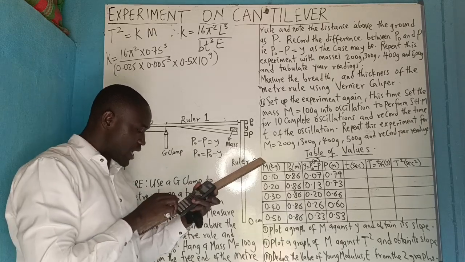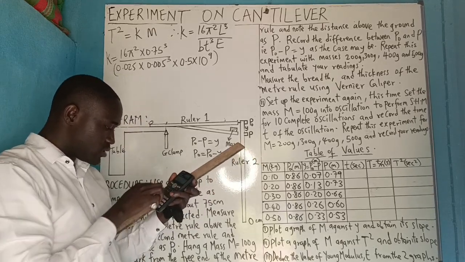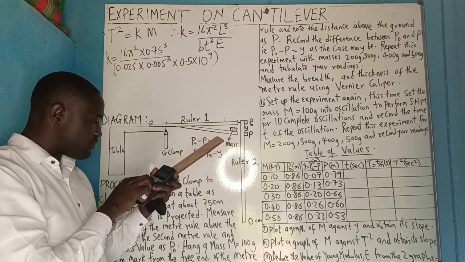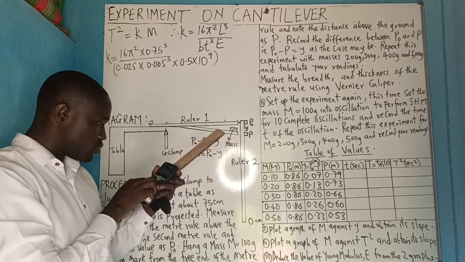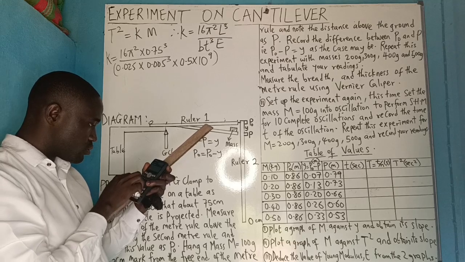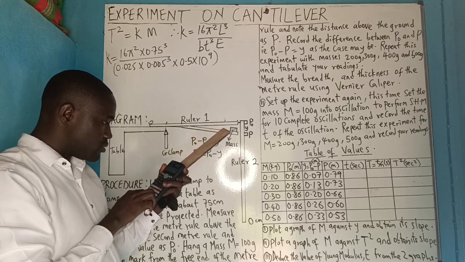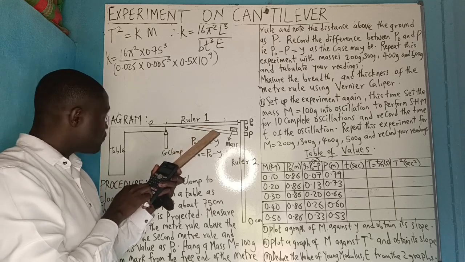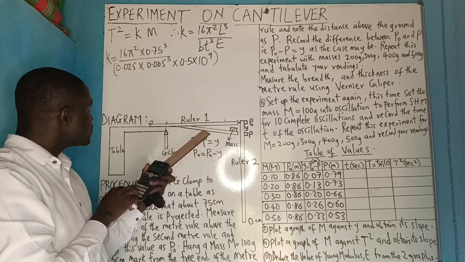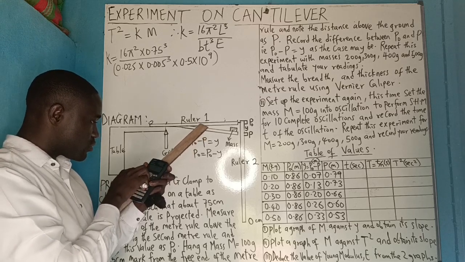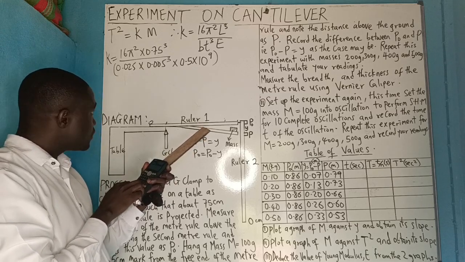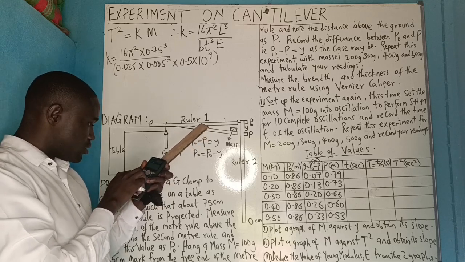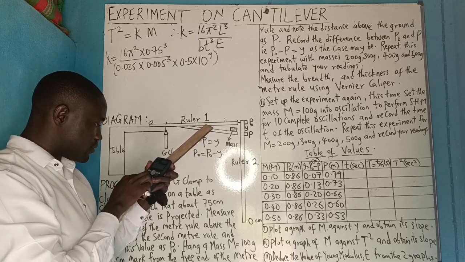So we press it in our calculator. 16 pi squared times 0.75 cubed, then divided by bracket 0.025 times 0.005 cubed times 0.5 times 10 raised to the power of 9.